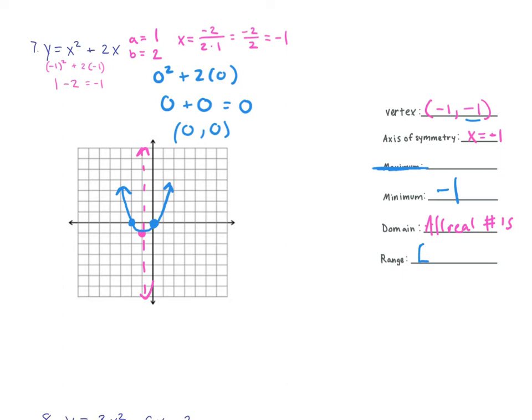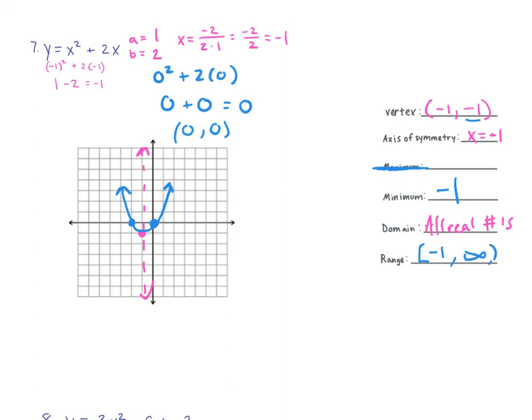Negative 1 to infinity. What was our k? What's the second number in our vertex? Negative 1. So we start with negative 1 and go to infinity. So in the range, you always start with the smallest value.